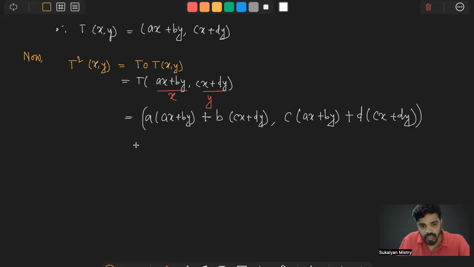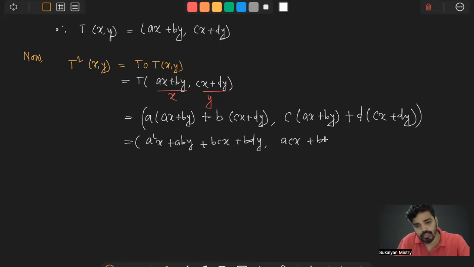So ultimately, just multiply: (a²x plus aby plus bcx plus bdy, acx plus bcy plus cdx plus d²y). So this is T squared of (x, y).